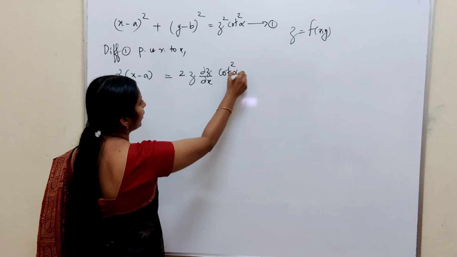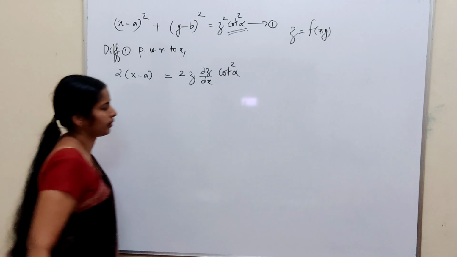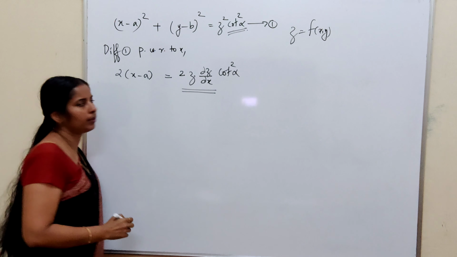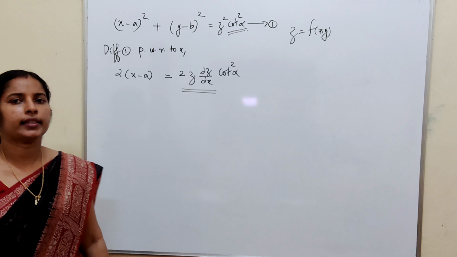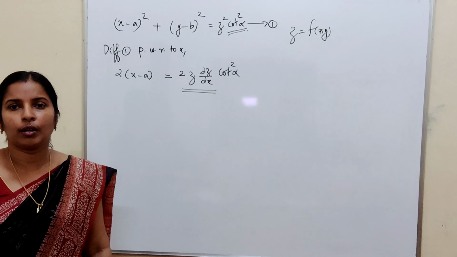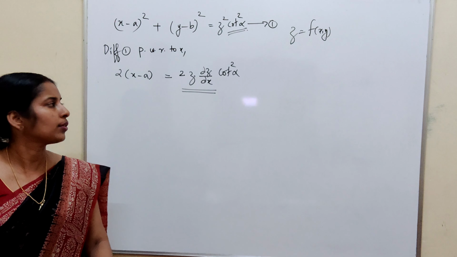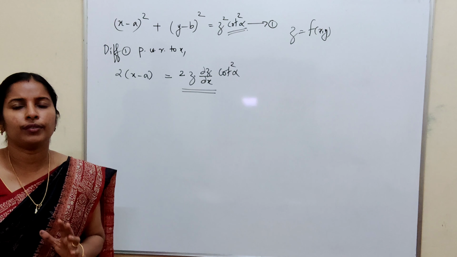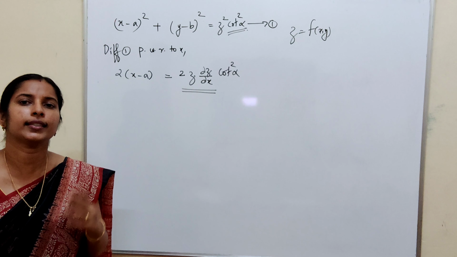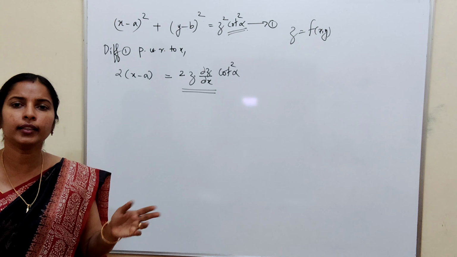Cot square alpha. See, cot square alpha is a constant. See, here you should be very careful. Most of the students make some mistake there. Some students may think z is a constant, so its derivative is 0. But that's not correct. See, in partial differential equations, our assumption is z is a function of x and y. So z contains both x and y.